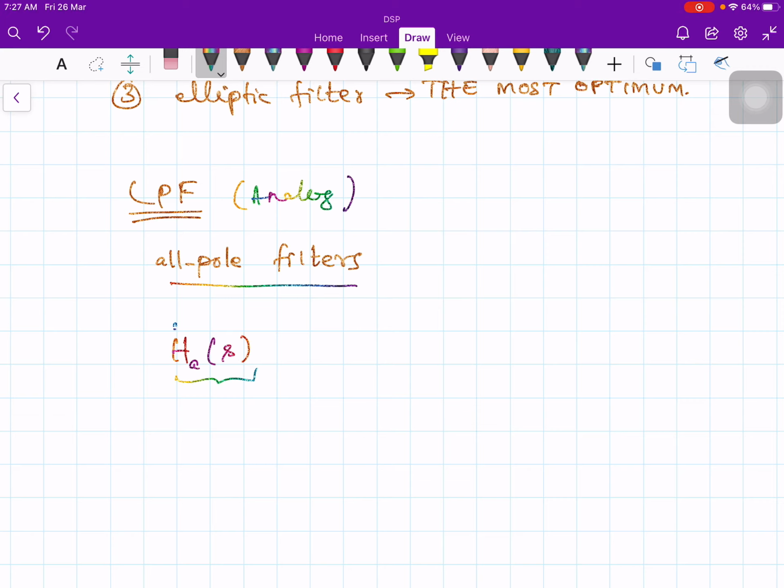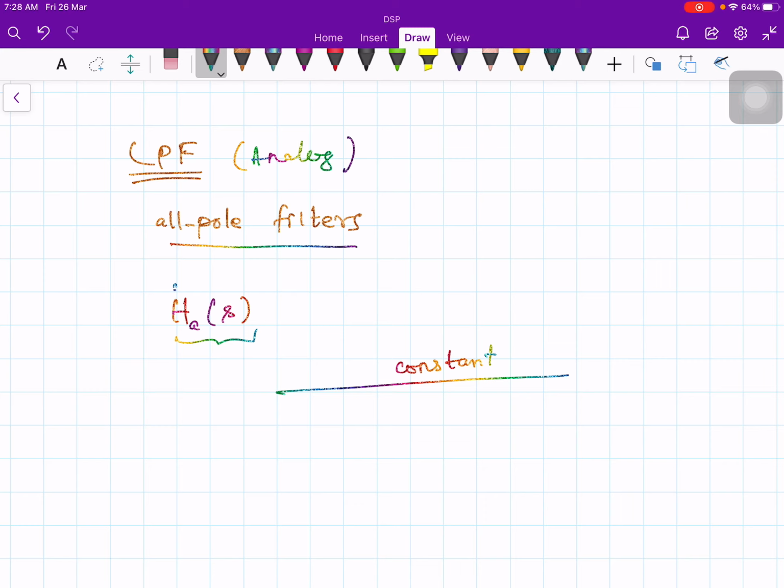Now we will consider capital H_a(s). This is the transfer function, and because we are considering filters, the all pole low pass would be some constant in the numerator divided by s^n + a_{n-1} s^{n-1} + and so on and so forth + a_1 s + a_0.